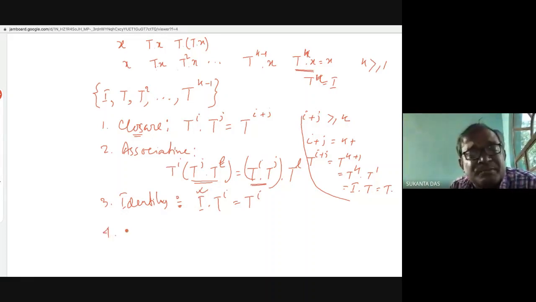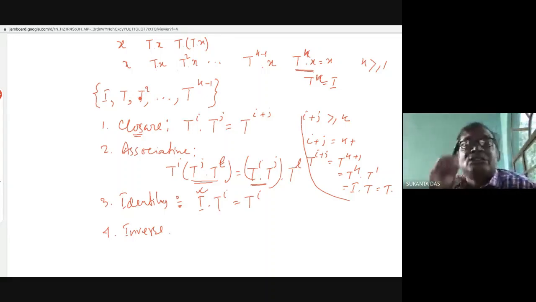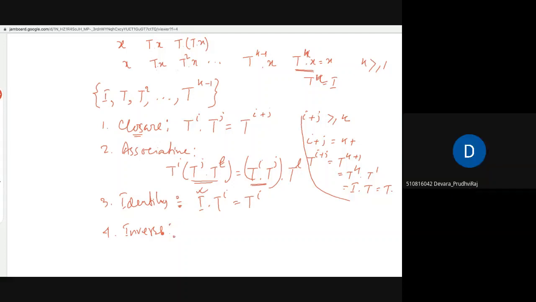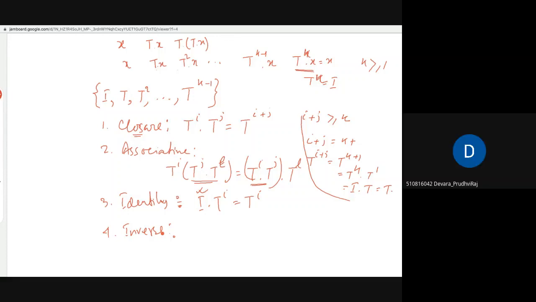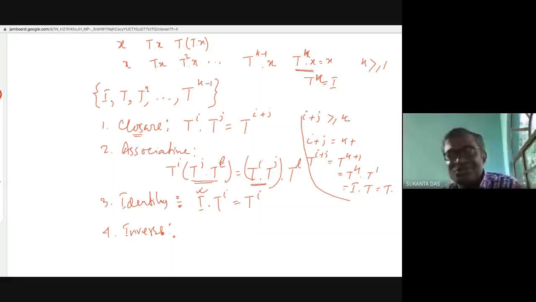And fourth is inverse. From the invertible matrix theorem, we know that if T is non-singular, it will have an inverse. Since T is non-singular, T squared is also non-singular, and from that invertible matrix theorem, we can get that each operator, T squared up to T to the power k minus 1, is non-singular, that is, has an inverse.